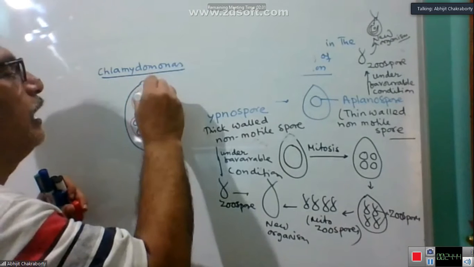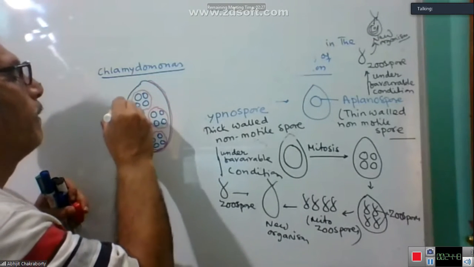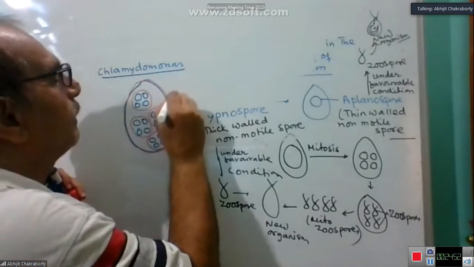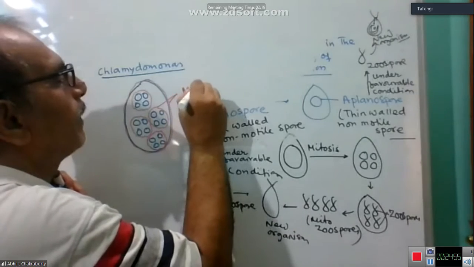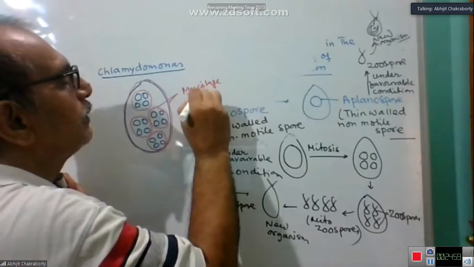The whole cell also is protected by this mucilage sheath. You can call it a mucilage sheath.